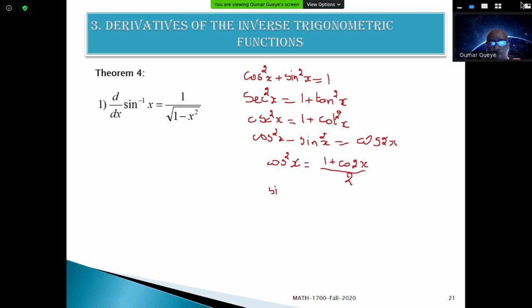One more formula. So sine square of x is also equal to 1 minus cosine 2x over 2.